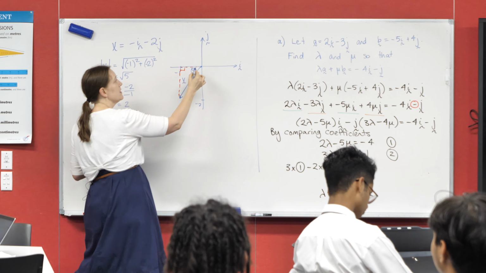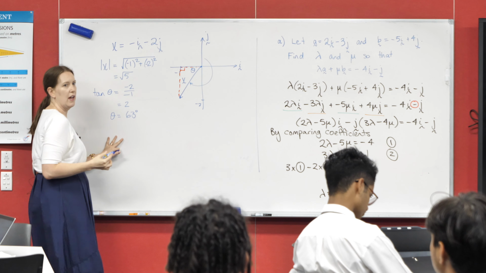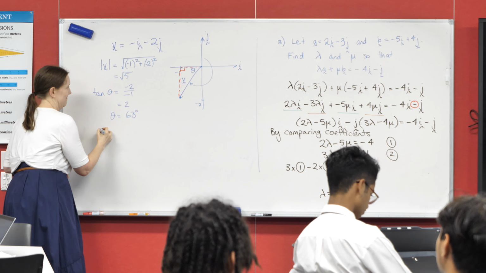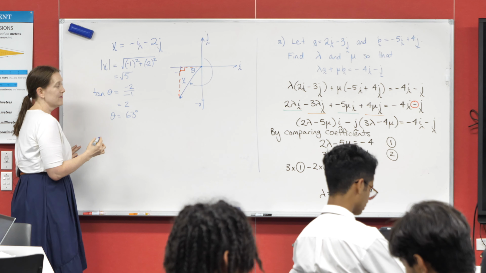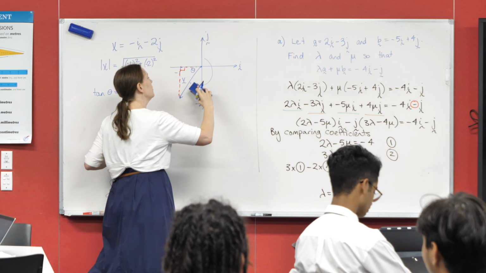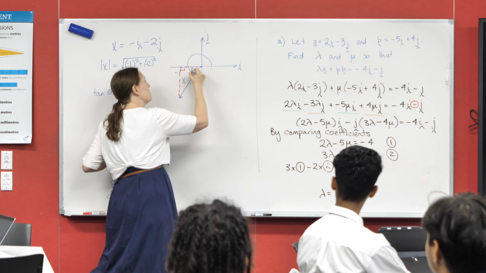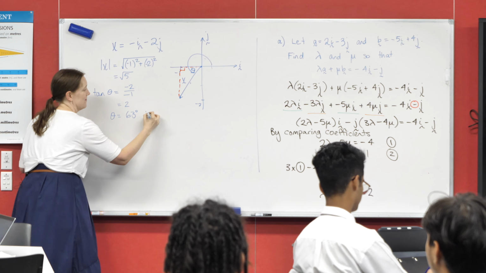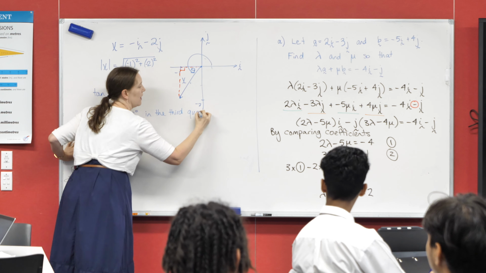And of course, it's in the third quadrant. So what's my actual angle? Positive? Oh, sorry, yes, positive. Negative, thank you. Early in the morning. What's my actual angle? 243.